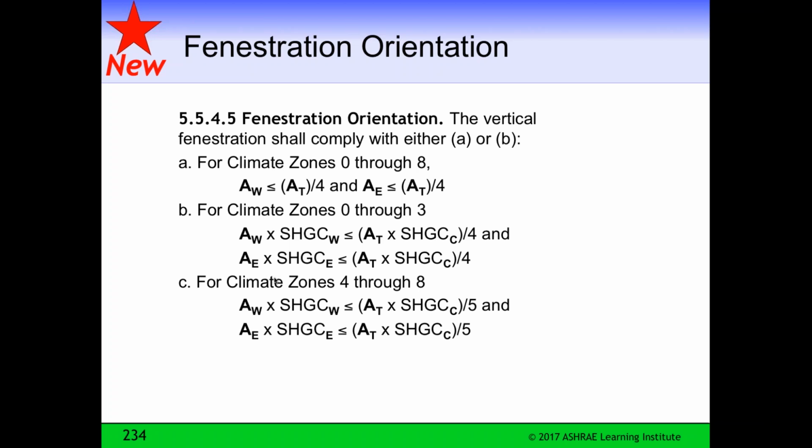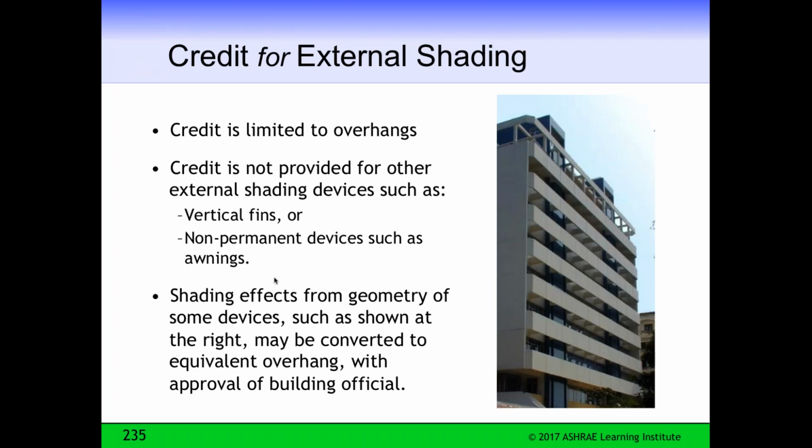You can't have your east and west be larger as part of the prescriptive requirement. Not mandatory, it's prescriptive requirement. And then you get credit for external shading, but it's limited to overhangs. You get no credit for vertical fins or for non-permanent devices such as awnings. You can convert the type of geometry you see in this shot to overhangs and get credit for them.